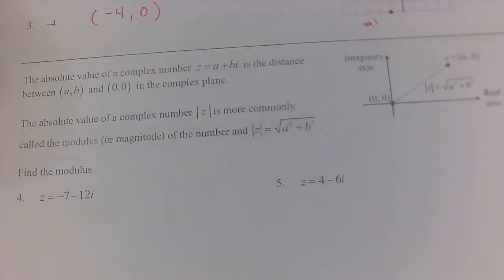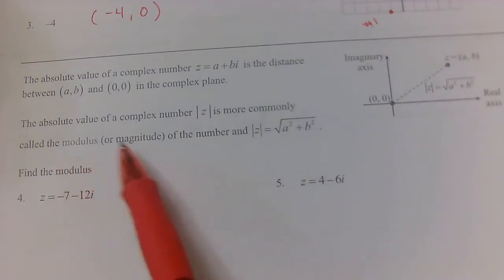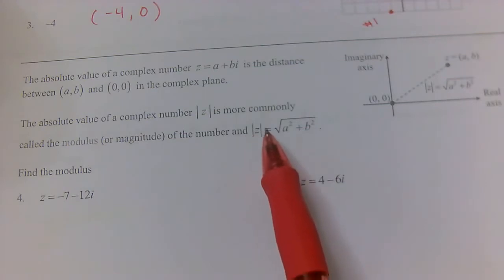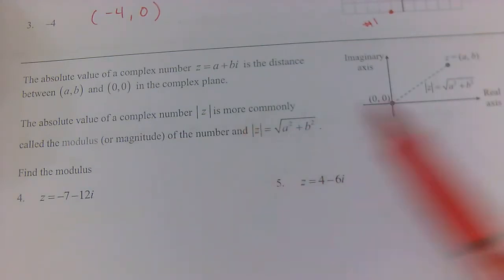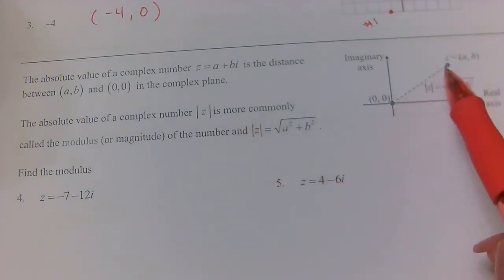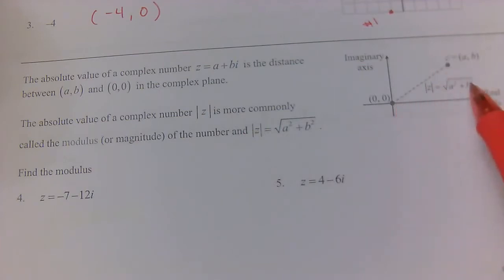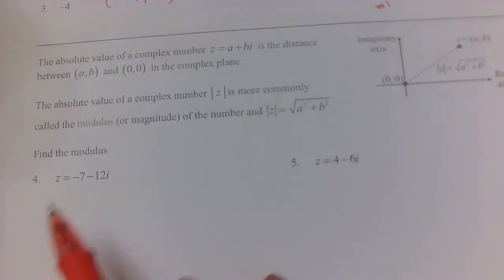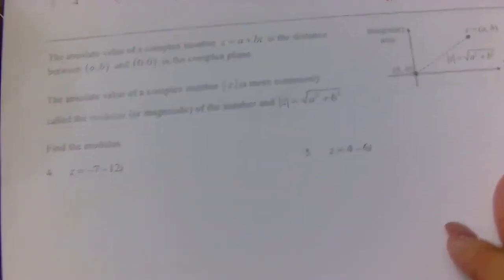Okay, so the absolute value of a complex number is also called your magnitude. Magnitude is identified like this, and it's similar to finding the hypotenuse by using Pythagoras' identity. a is like your x, b is like your y, so we're just applying Pythagoras' identity. Let's find the magnitude for number 4.